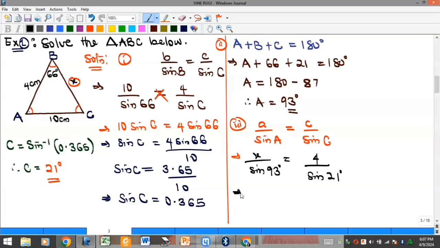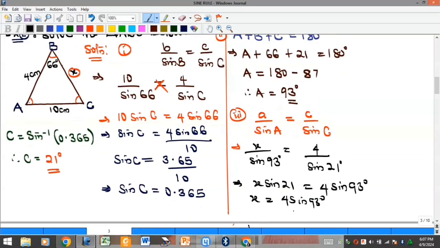So this is going to be x sine 21, we are cross multiplying, equal to 4 sine 93. And then my x alone will be 4 sine 93 all over sine 21.